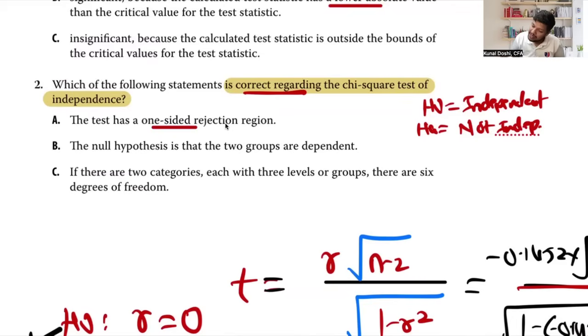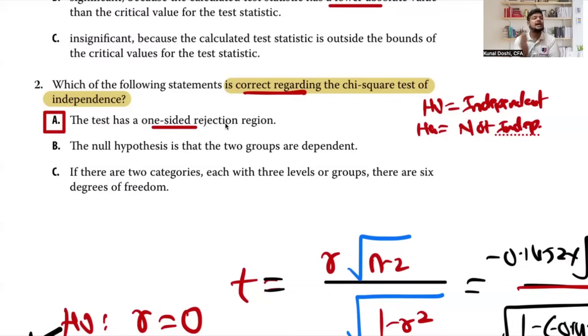Which of the following statements regarding the chi-square test of independence is correct? The test has a one-sided rejection region. No or yes? Yes. Why? Because generally the chi-square test is basically for variance, and variance is the square of the standard deviation. So can the square of anything be negative? No. The square of anything can never be negative.